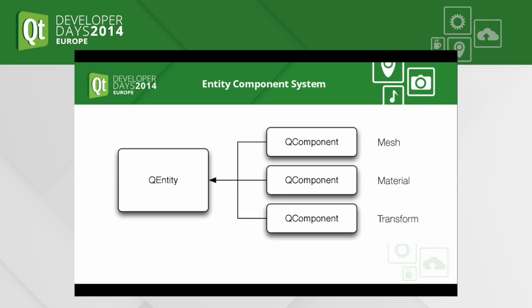Transform specifies the position of things in 3D space. So obviously the renderer cares about it, but so would physics, so would picking, so would other kinds of data analysis of the scene. So there can be generic components, and there can also be ones specific to an aspect. And we're assuming and allowing, because we're trying to keep Qt3D small, that you will be defining your own kinds of component for your application to mix into this.